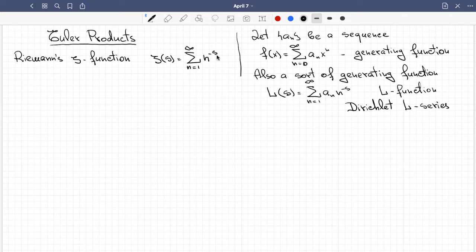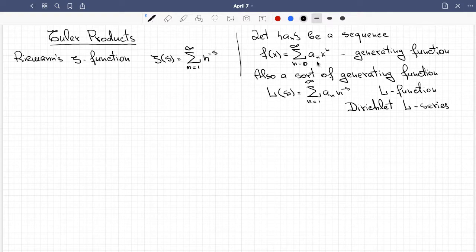Now, the Riemann zeta function is a member of this family of L functions, a pretty prominent one, and I want to attract your attention to this. If a_n is a sequence which consists of all ones, a_n is 1, whatever n is, in this case this function f is very simple, it becomes a geometric series.